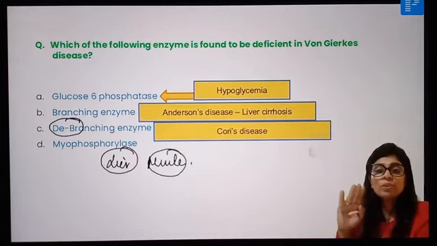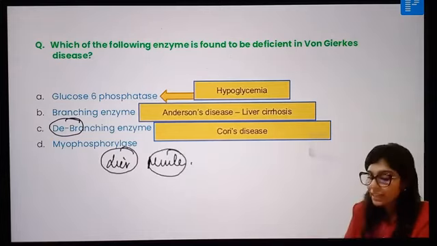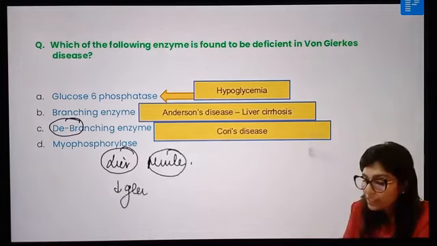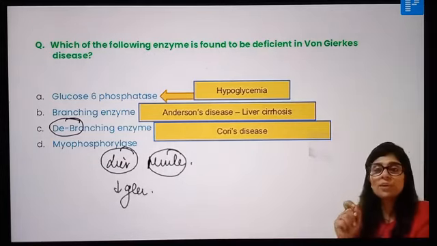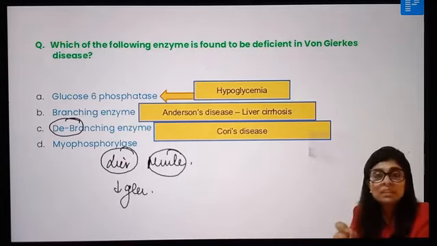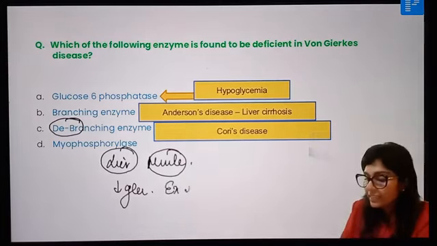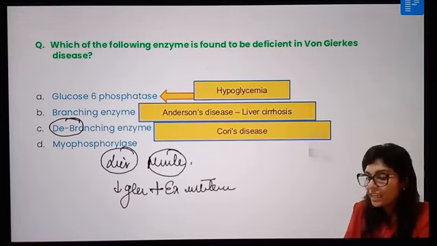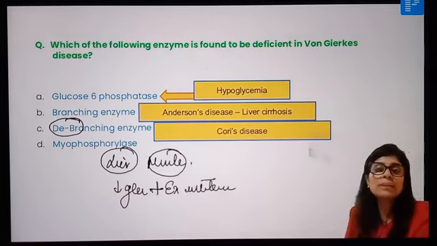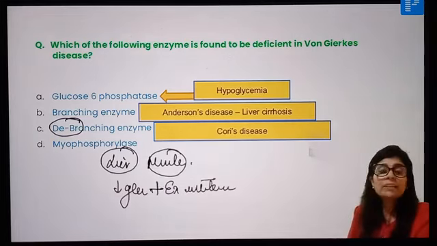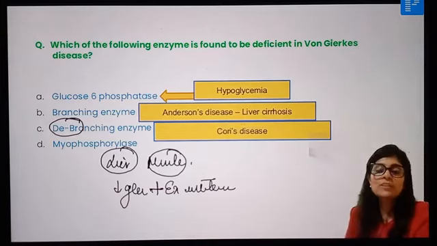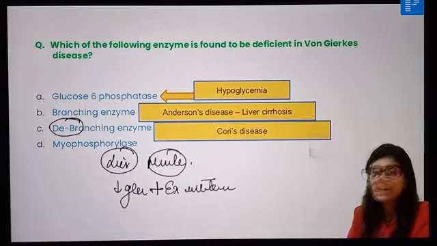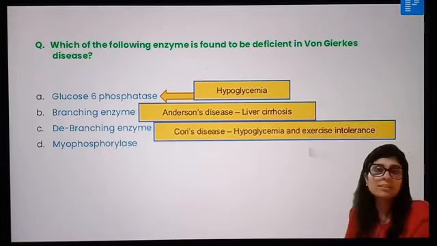When liver glycogenolysis does not happen, that causes hypoglycemia. When muscle glycogenolysis does not happen, muscle becomes weaker, so that causes exercise intolerance. So tell me, what do you see in Cori's disease or D branching enzyme defect? It's a defect of D branching enzyme in both liver and muscle, so it causes both hypoglycemia and exercise intolerance.